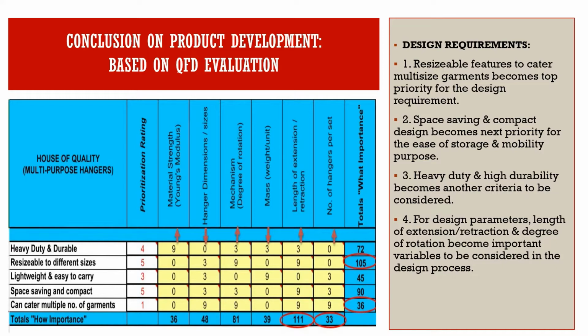Number three, heavy duty and high durability become another criterion to be considered. And lastly, number four, for design parameters, the length of extension or retraction and the degree of rotation become important variables to be considered in the design process for the future multi-purpose hanger.